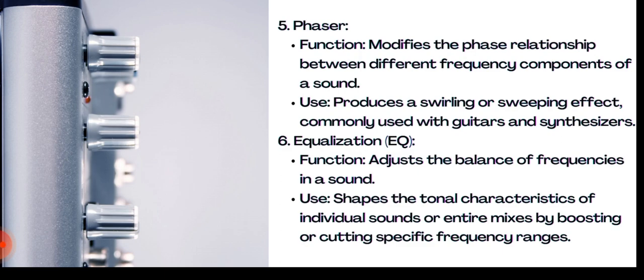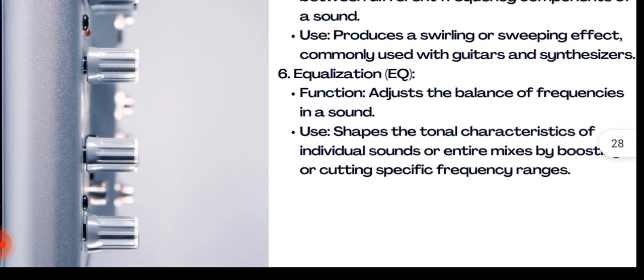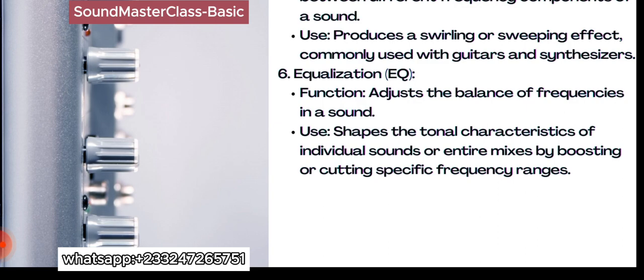Number six, equalization, EQ. Function: adjusts the balance of frequencies in a sound. Use: shapes the tonal characteristics of individual sounds or the entire mix by boosting or cutting specific frequency ranges.